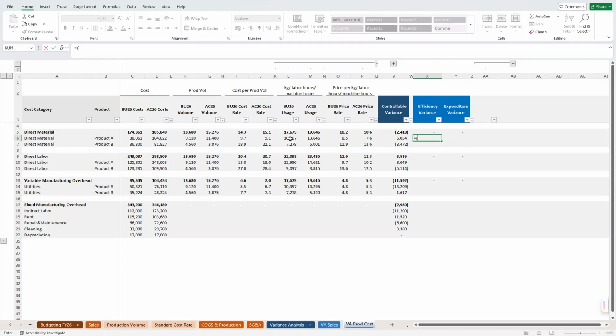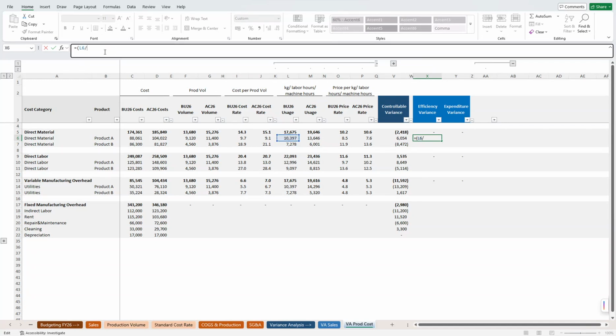Budgeted usage per one product is total budgeted usage divided by total budgeted production volume. This tells us the budgeted usage in terms of kilograms per one product, and if we multiply it by actual total volume, it will give us total standard usage.